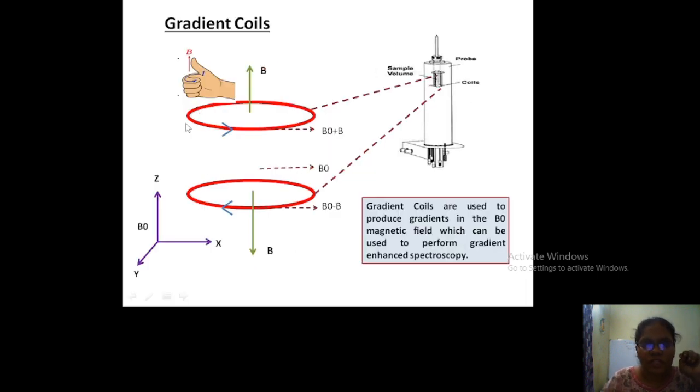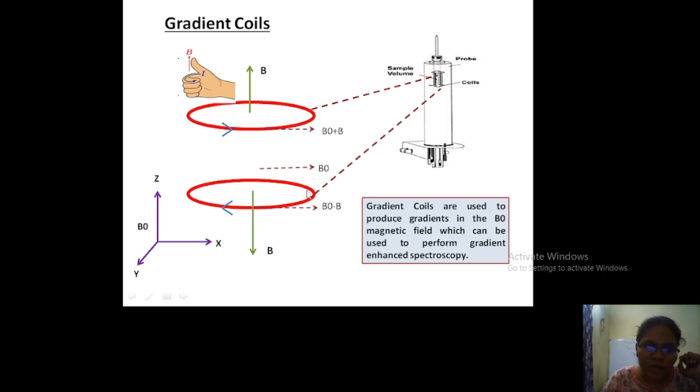The gradient coils are two circular coils. They are placed one above and one below this RF coil. When you pass a current through this gradient coil in this anti-clockwise direction, according to the right hand thumb rule, it generates a magnetic field in this direction, perpendicular to the plane of this coil.